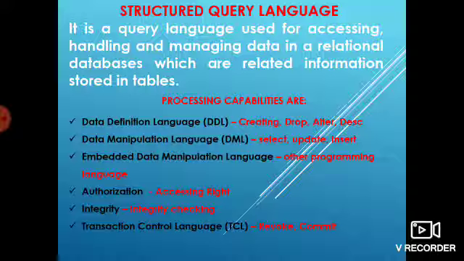The first one, you can create, drop or add anything to a table with the help of DDL command, that is data definition language. Next, after creating a table, you can manipulate the records stored in the table, which comes under data manipulation language, DML.